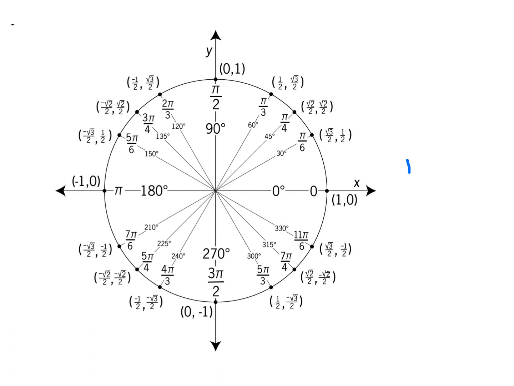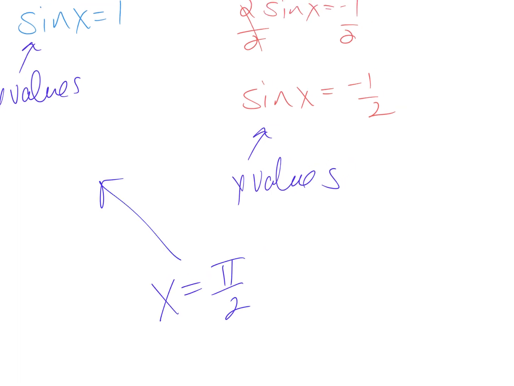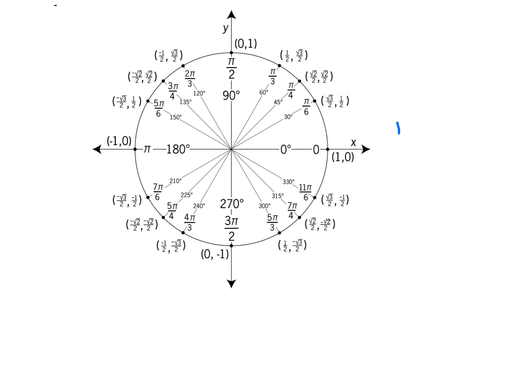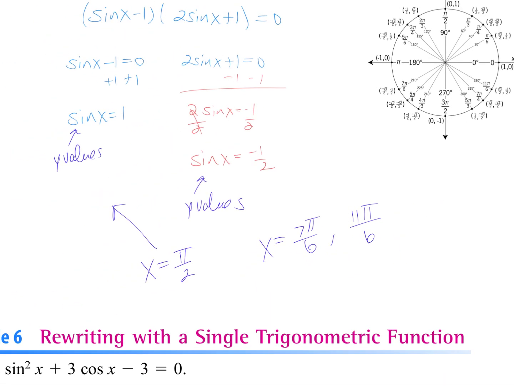Pi over 2. It's the only place. So you have x equals pi over 2. That would go here. And then I'm looking for where my y values are negative 1/2, which would be where? 11 pi over 6 and? So x equals 7 pi over 6 and 11 pi over 6. And that goes here.